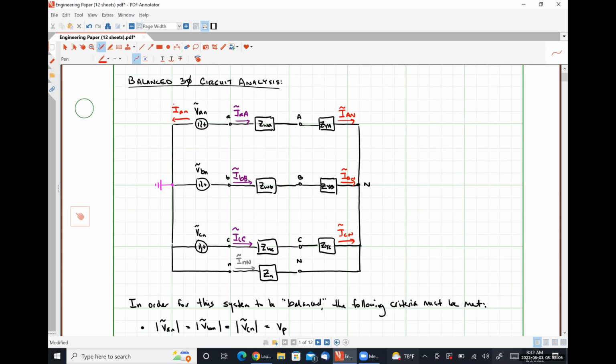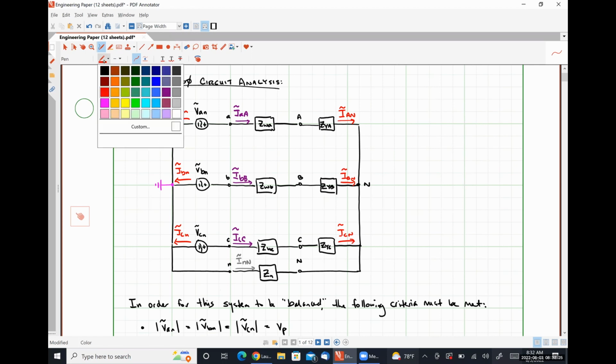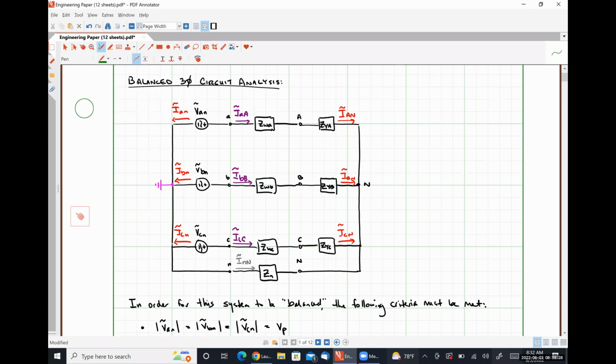So this would be IAN, IBN, and ICN. And since these are just negative our line currents and our line currents are balanced, these phase currents are also balanced. We know that our phase voltages at our source are balanced, but it turns out that our phase voltages, sorry, this should be CN, in our loads will also be balanced from Ohm's law.